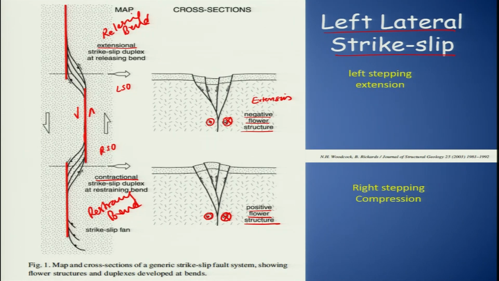So this part you can recall the previous examples which we have discussed, and that will help you in understanding that if the fault is not straight, if it is curved, and if you see the step overs, then you will be able to see different patterns of deformation that are related to extension and contraction or compression.